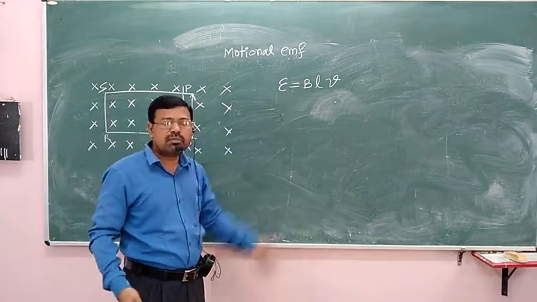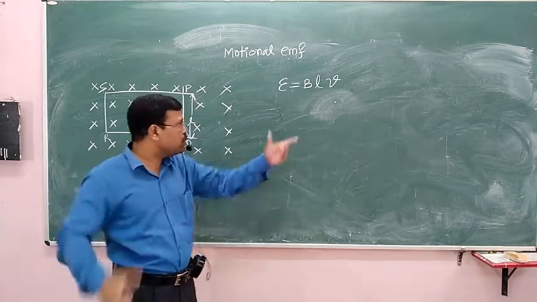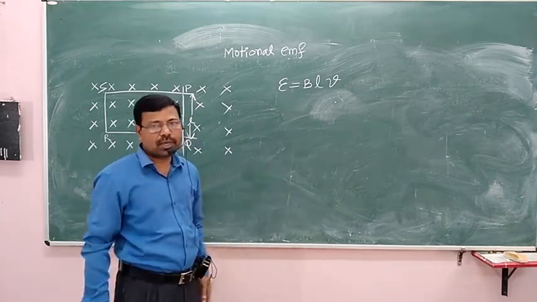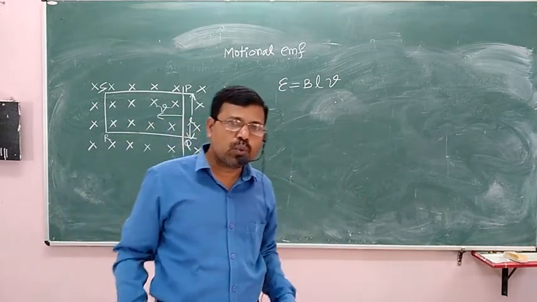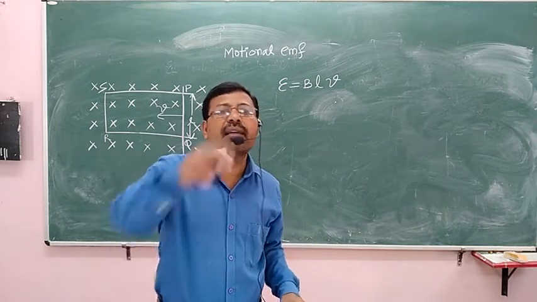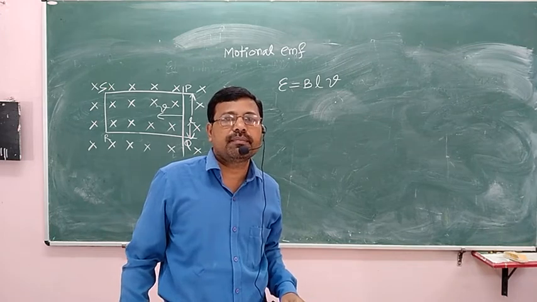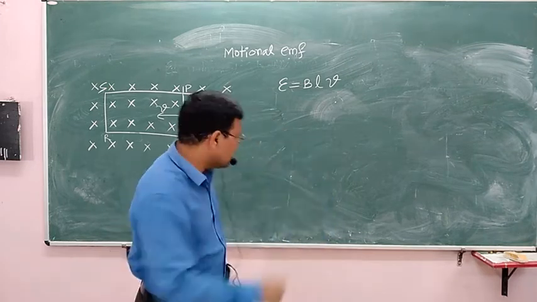How to derive this equation? It can be proved easily. Let us derive this equation. For this, we need to use the definition of magnetic flux and Faraday's law of electromagnetic induction. According to the definition, what is flux?